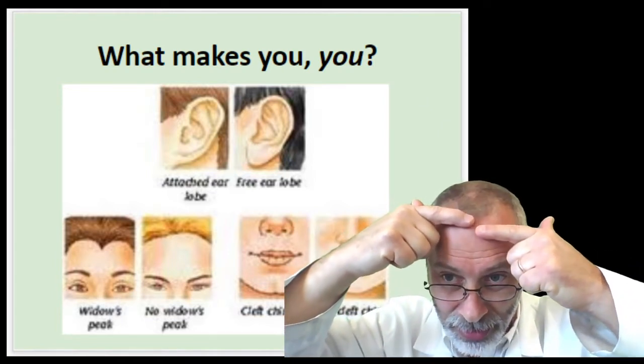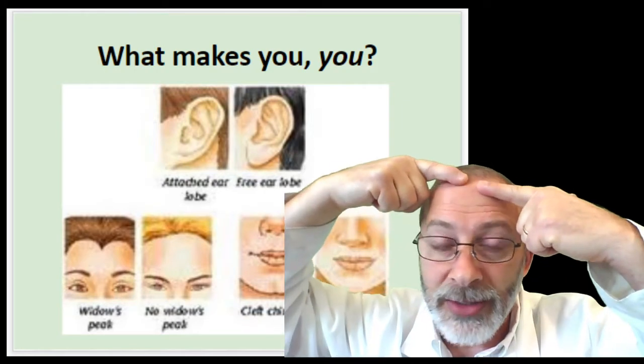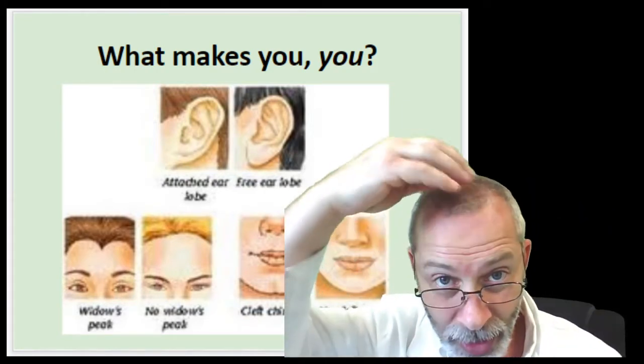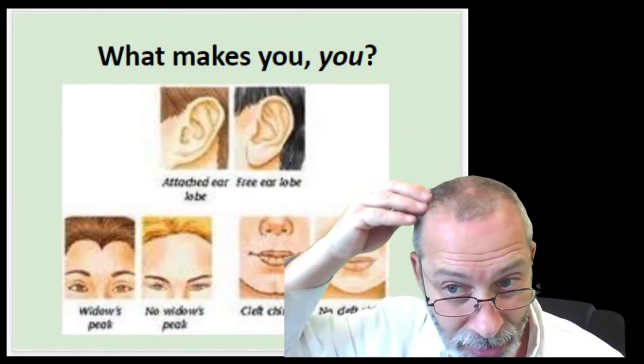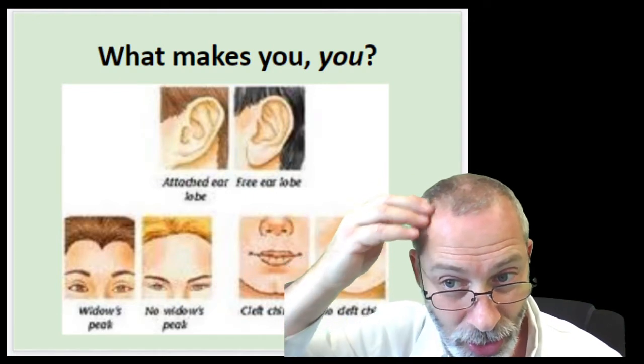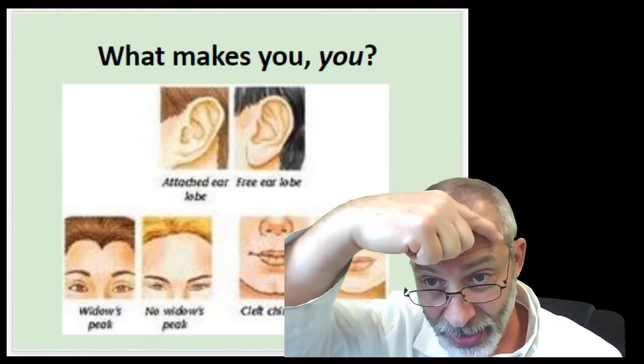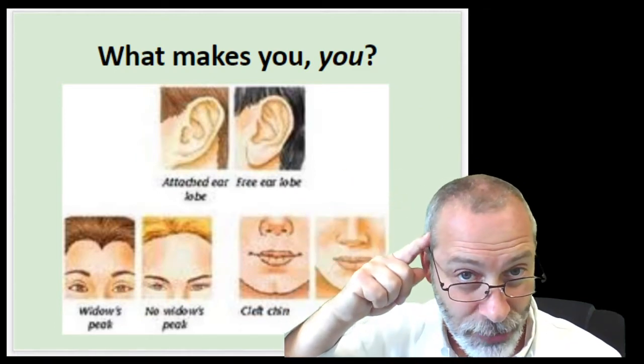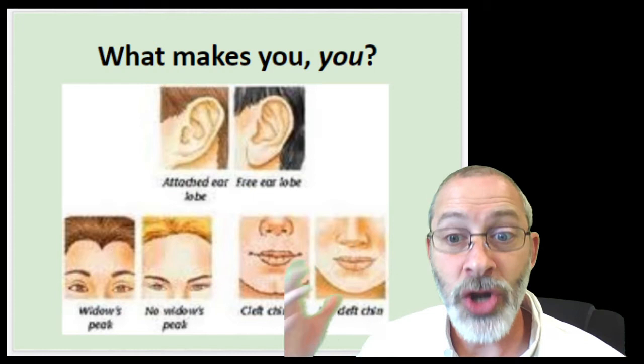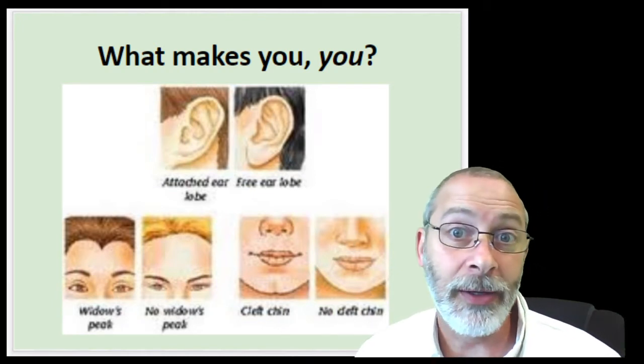It makes me all confused here. All right, anyway, so my hair comes down in the middle, comes up on the sides. That is called a widow's peak. If my hairline just went straight across my forehead, that would be no widow's peak.